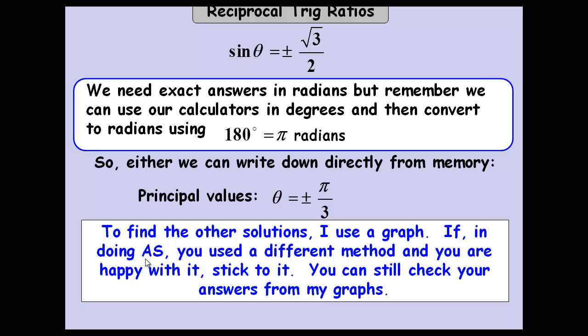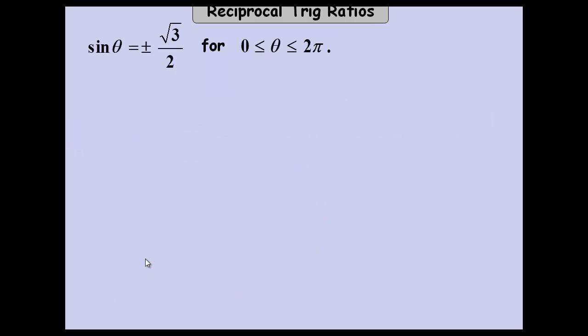I use the graph to solve these sort of things. If you've learnt other methods at AS, I don't mind, and I don't mind helping you, but I think it's so important that you understand and are familiar with these trig graphs that I really think it's important to use the graphs to do this.